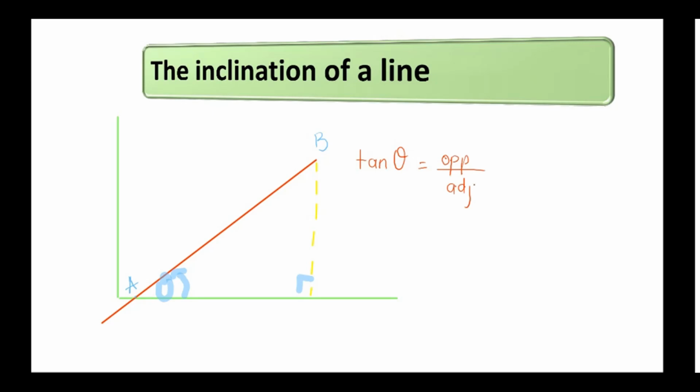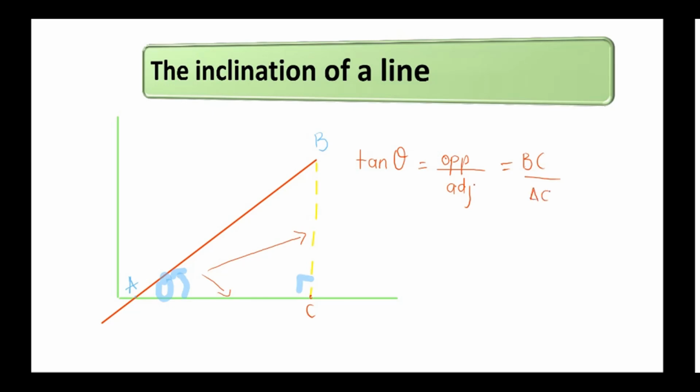Okay, we're going to call this point here your point C. And our opposite side is our BC, and our adjacent side is our AC.